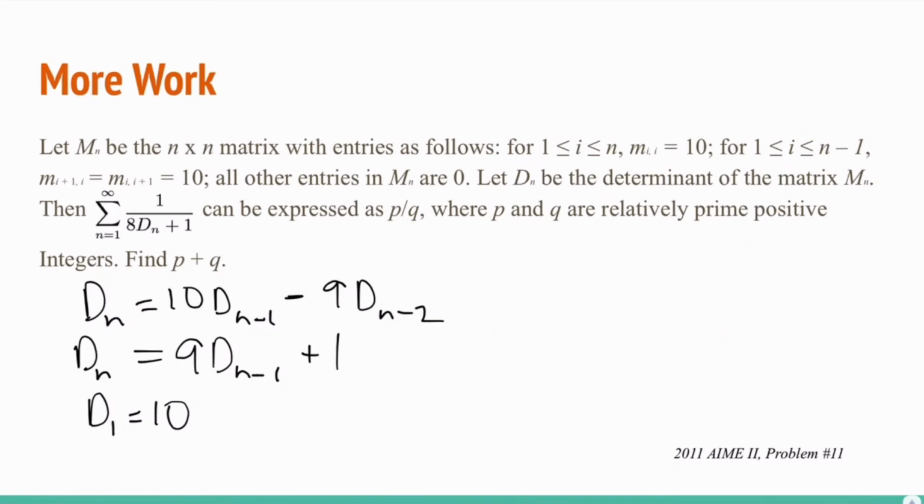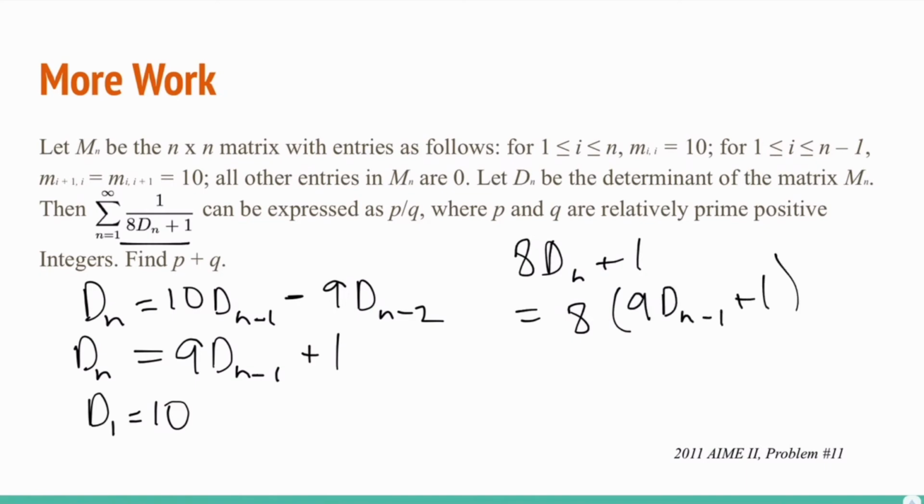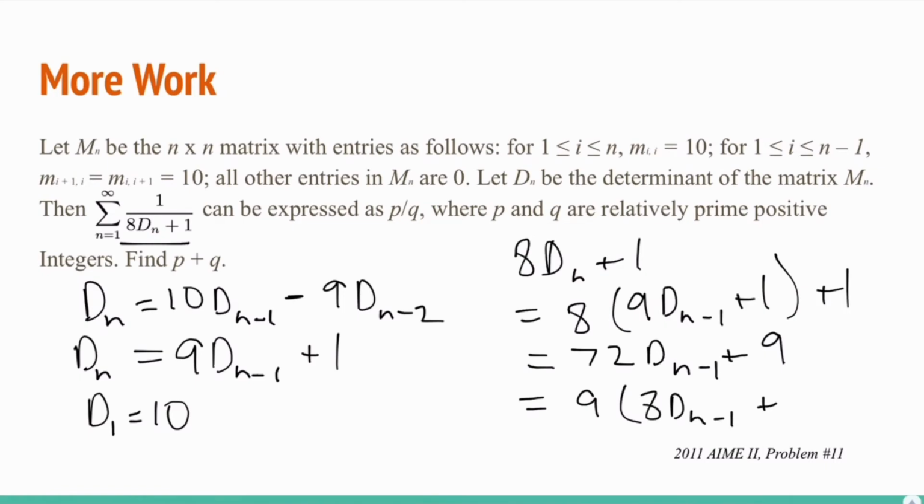Now let's try to find a general formula for 8d of n plus 1. 8d of n plus 1 is just equal to 8 times 9 times d of n minus 1 plus 1, plus 1, which equals 72d of n minus 1 plus 9. And this can be simplified as 9 times 8d of n minus 1 plus 1.